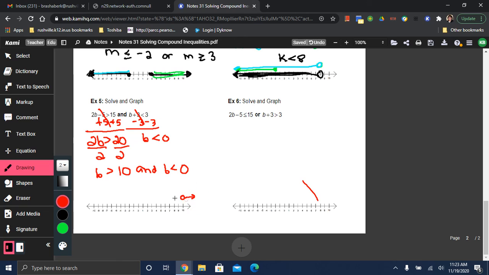Greater than 10, less than 0. It's just not working. I'm also going to show you if we try to put it together. So 0, and that's our smaller number. B is our variable. 10's our larger number. We're supposed to be using these less than signs, but these are always supposed to point to what they were pointing to before.